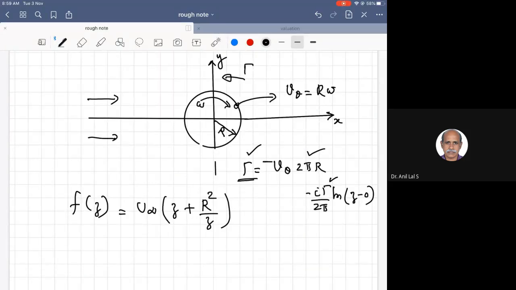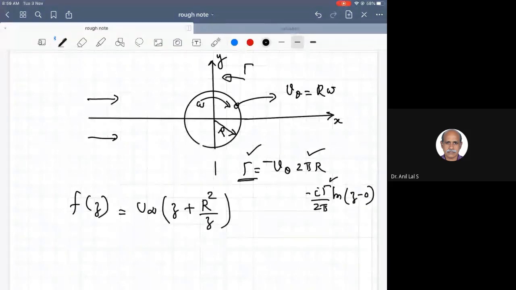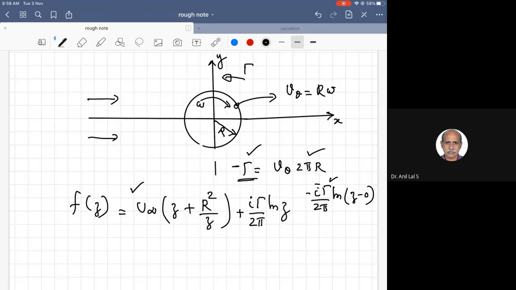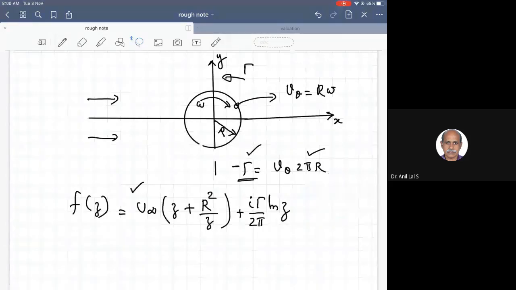So minus gamma gives you plus. The total complex flow potential for the flow past the cylinder with a rotation in the clockwise direction can be written as, this is the complex flow potential.